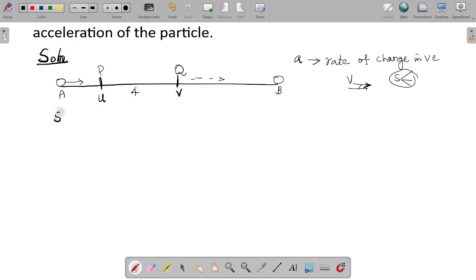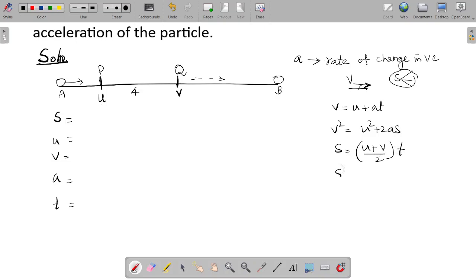Here, mainly in the kinematics formulas, SUVAT is the short form for using the formulas. How to select? We have some formulas. v equal to u plus at is one of the formulas. v squared equal to u squared plus 2as is the second one. s equal to (u plus v) divided by 2 times t is the third one, and s equal to ut plus half at squared is the fourth one.